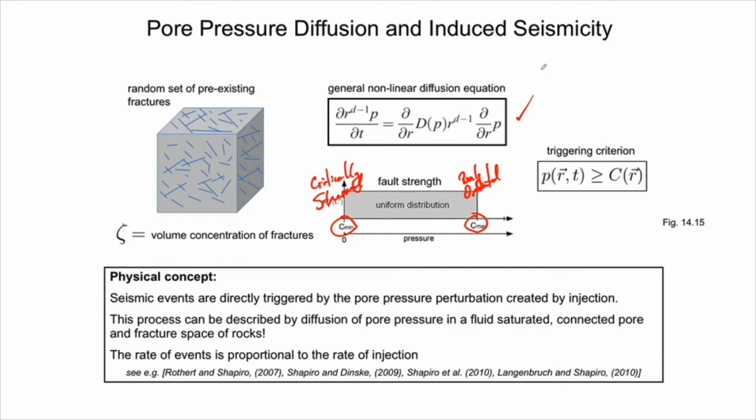And it has a triggering criterion that is basically that the pressurization rate and the seismicity rate are related to each other. So basically the seismic events are directly triggered by the pore pressure perturbation. It's a process that can be described by diffusion of pore pressure in a fluid-saturated and connected system, and the rate of events is proportional to the rate of injection.